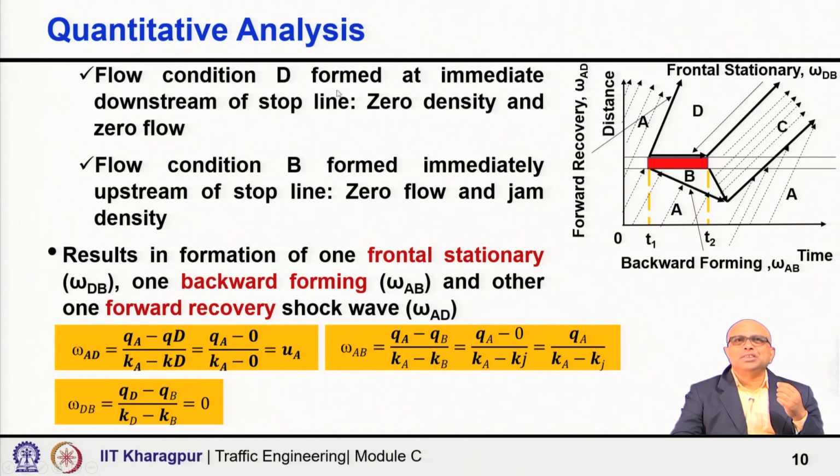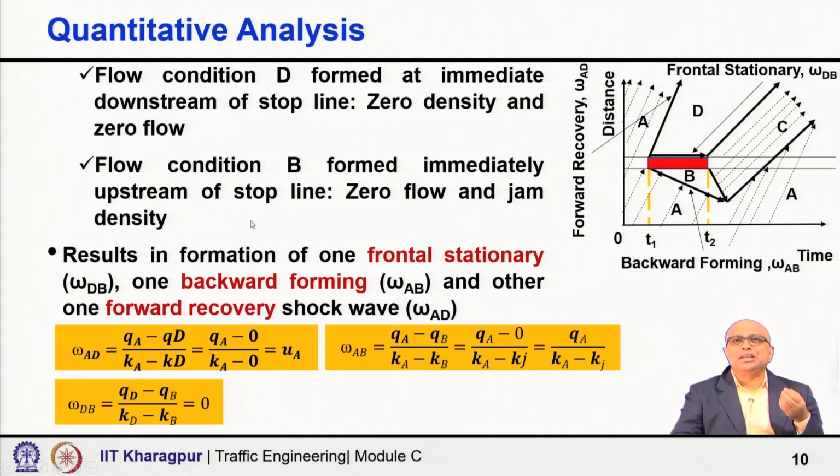Flow condition D is formed immediately downstream of the stop line, where there is no vehicle. If you go further ahead, then the traffic state is A. So, a new traffic state D has been formed with 0 density and 0 flow. No vehicle is passing through the intersection during this red time.